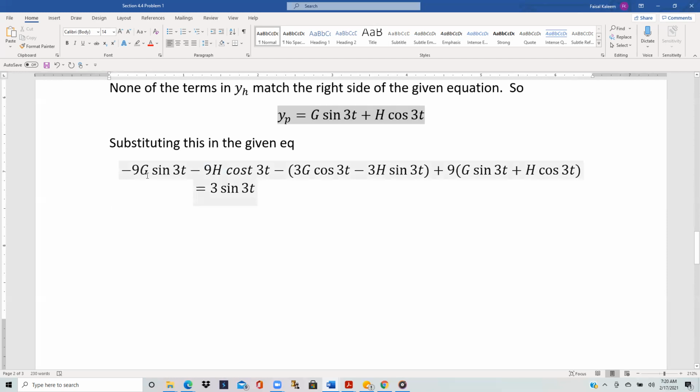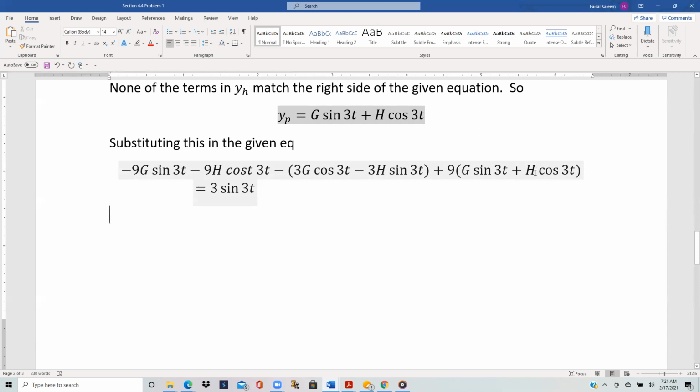So negative 9g sine 3t, and then this one will be plus 9g sine 3t, so they cancel out. And then we have negative 9h cos 3t plus 9h cos 3t, so they will also cancel out.